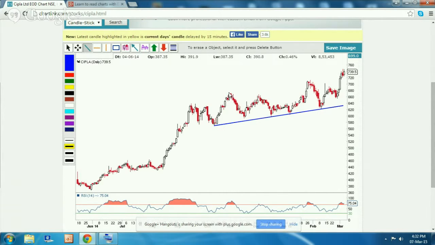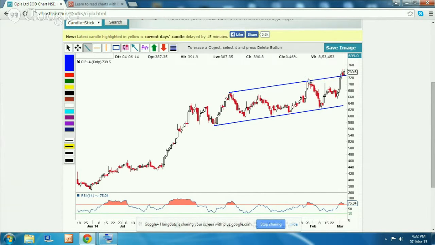I can draw a second line from the top, which is parallel to the bottom support line. Now this is a resistance line, and these two lines together, being parallel lines, are called a trend channel. You can observe the last 3 candles at the end. It has breached through that upper line of the trend channel.